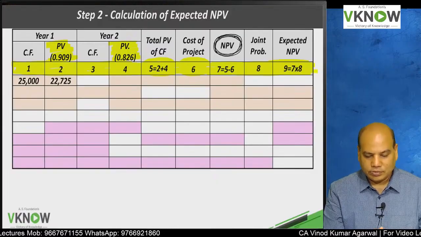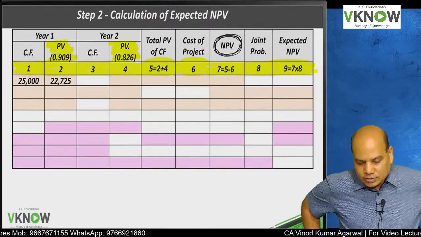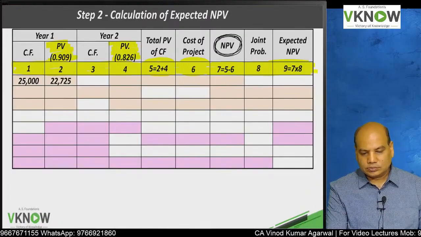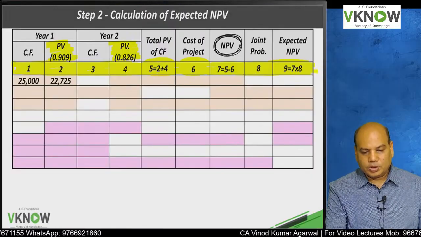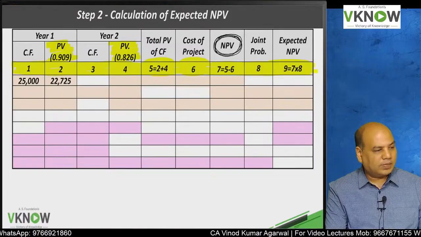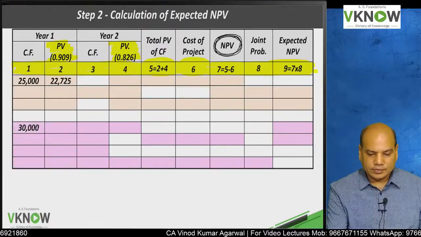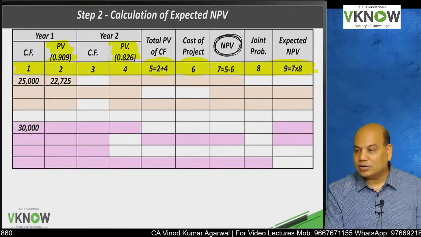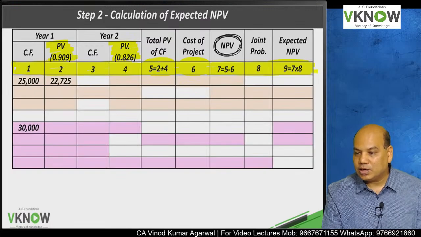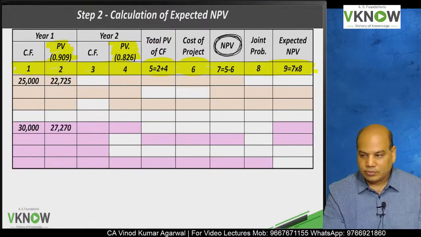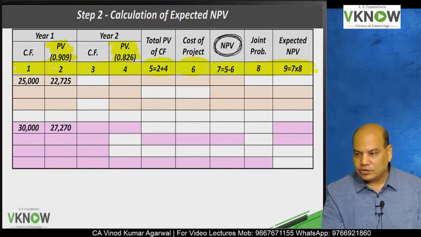Year 1, one possible cash flow is 25,000. Multiply by 0.909. You will get a present value 22725. Keep 3 lines blank and write 30,000 into 0.909, 27270.